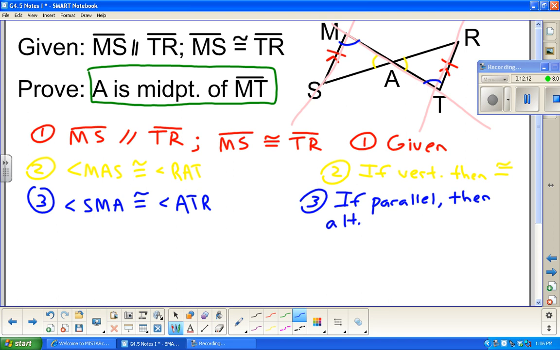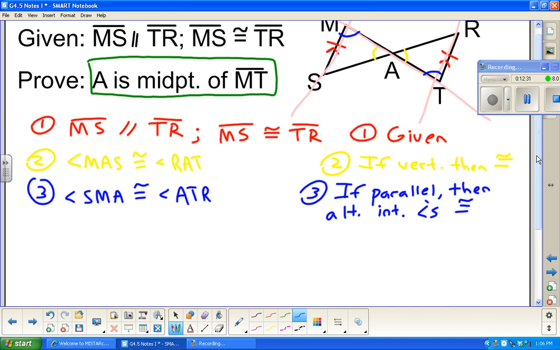Or you could just say the alternate interior angle theorem. Okay, so see how we used the given. We used the fact that they were parallel to get something else. That's usually how this works. It's like putting a puzzle together. If they give you something, you're usually going to do something with it. So they gave us the lines are parallel. That brings into play all these alternate interiors, correspondings, all that stuff.